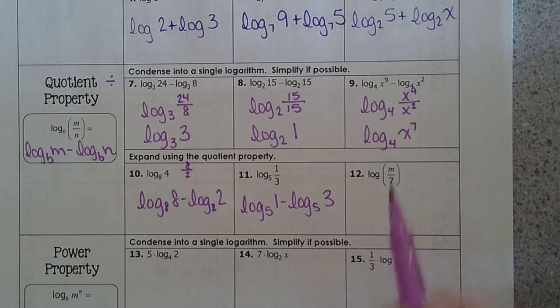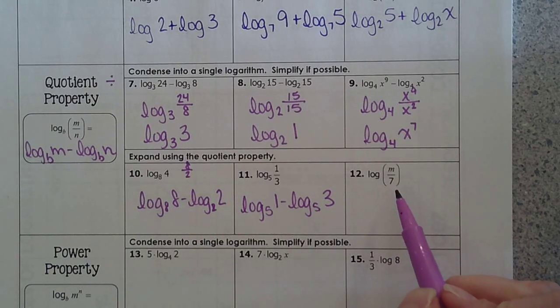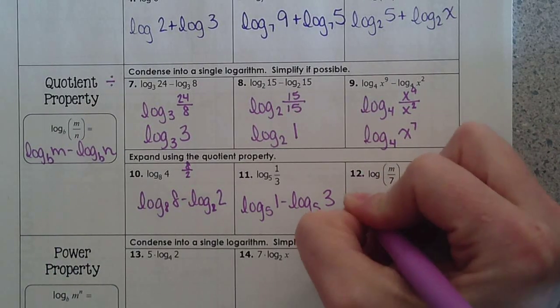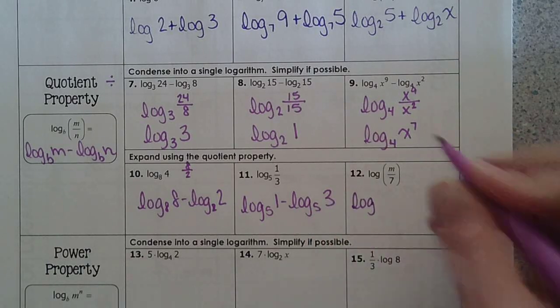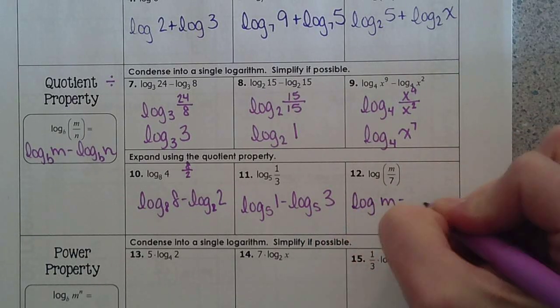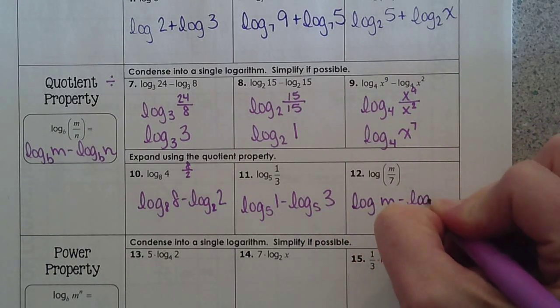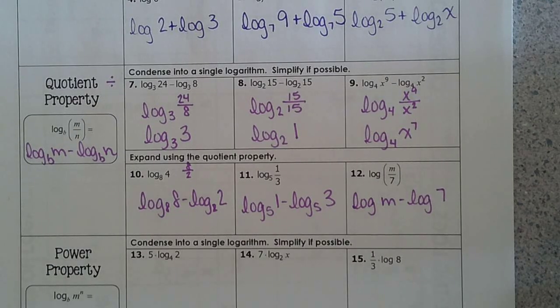And last one, I have m over 7. I'm going to keep it as m over 7. Log, and this one doesn't show me a base, so it's an understood base 10, minus log of 7. Does it matter what order you're putting in? Numerator first, denominator second. In addition, it doesn't matter the order.